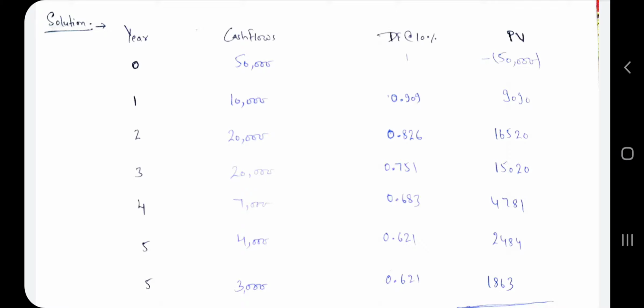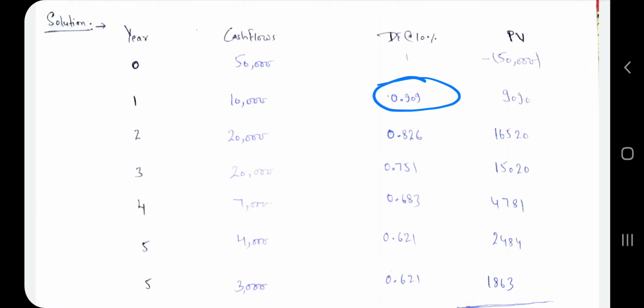Now after 1 year we get 10,000, second year we get 20,000 and so on. So we have to find the discount rate for every year. How do you find that?